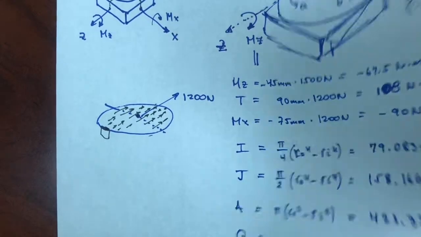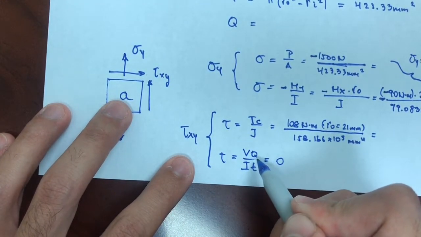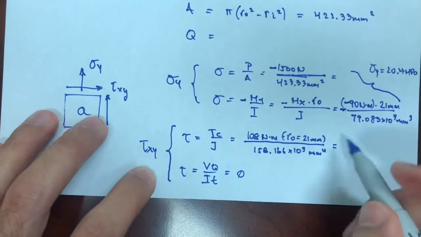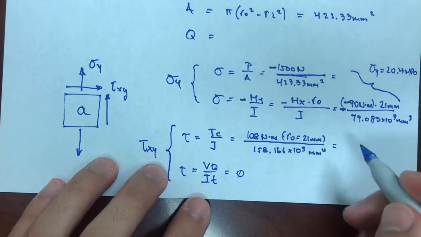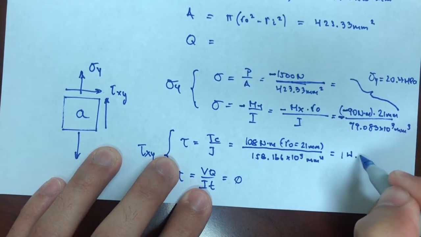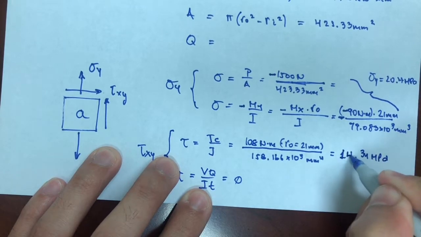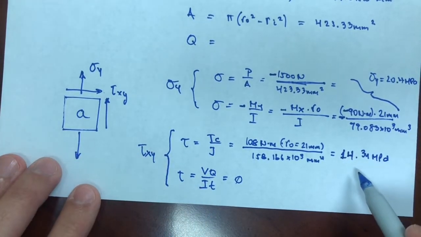Okay, so let's say V does exist, but Q is 0, right? So that's why this is 0. And then this value is going to be equal to 14.34 megapascals.